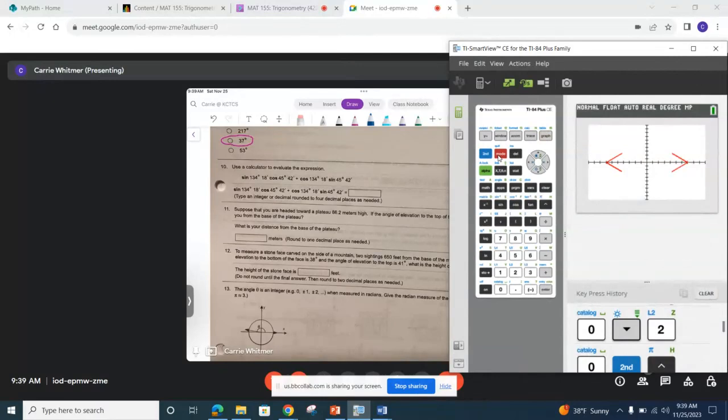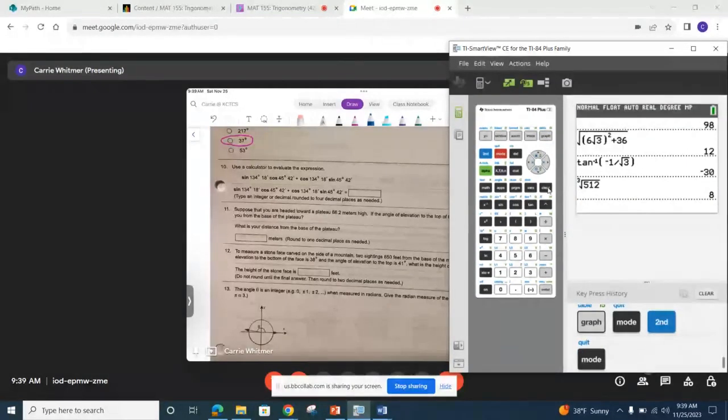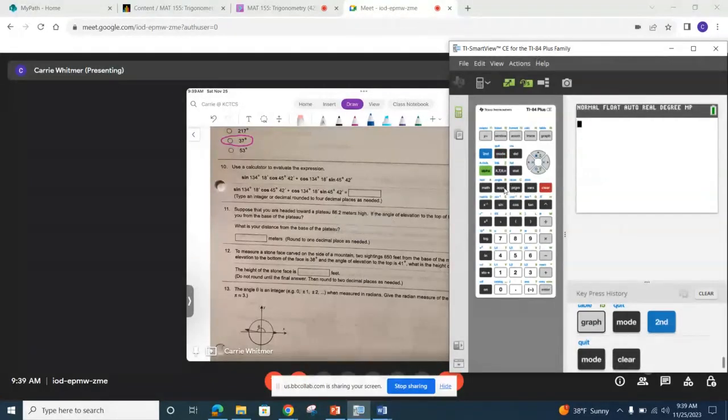Okay, so mode is in degrees, so we're good there. Clear this out, and then we'll start typing in. We have the sine of 134. Remember, your degree symbol is in the degree menu, so it's second apps. And then 18 minutes is in that same place, so second apps, number 2 is our minute symbol.